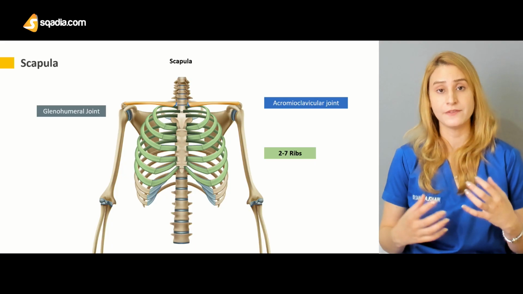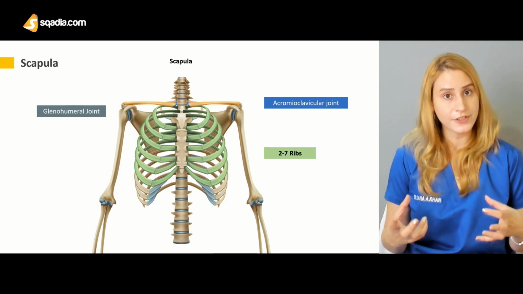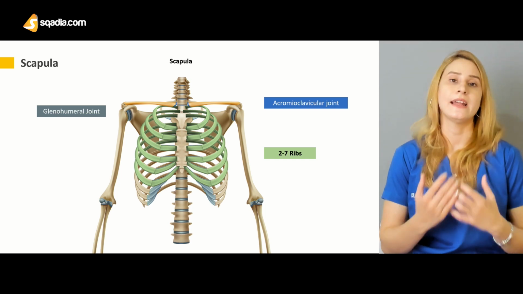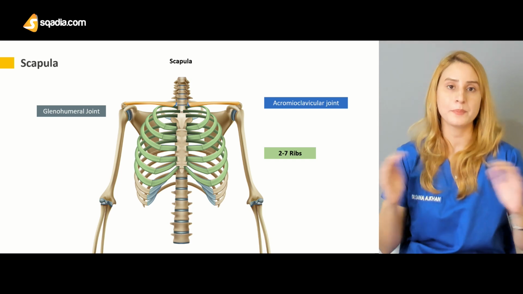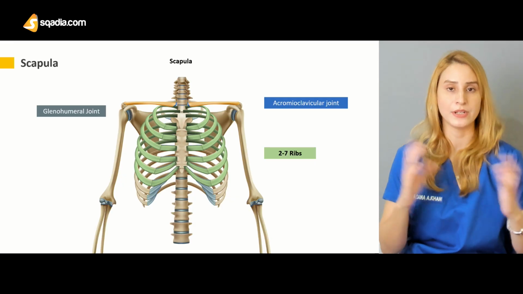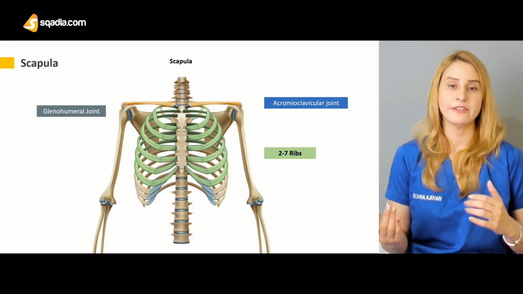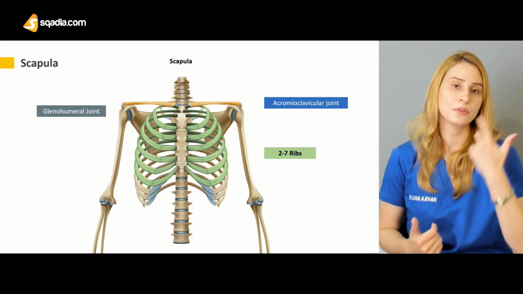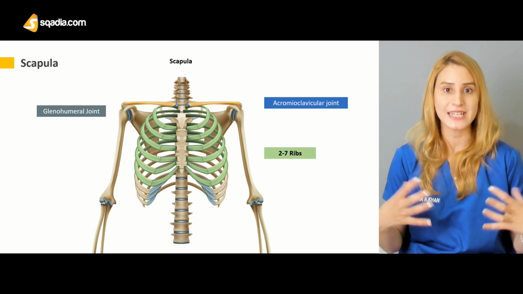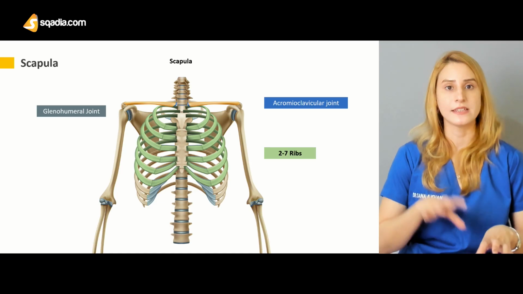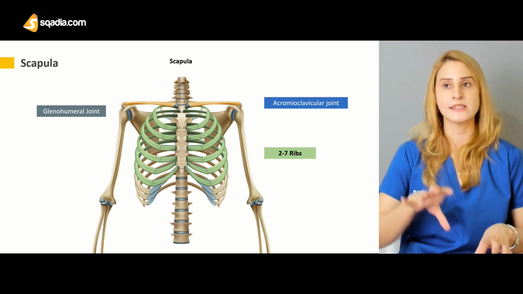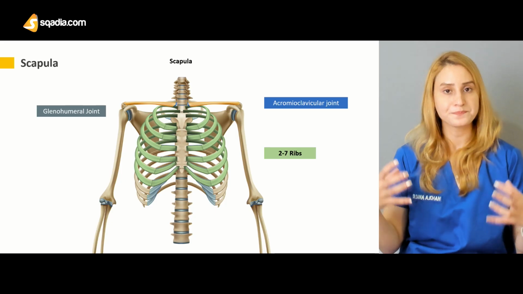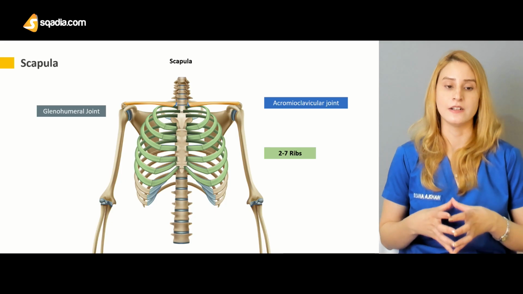And usually when you talk about the configuration, it's a cancellous, spongy bone and a compact bone, and some of the areas are thicker and some of the areas are thinner, like the spine of the scapula, the acromion, the coracoid process, they're all thick. The rest of the fossa, like the subscapular fossa and some of the parts of the supraspinous and infraspinous fossa, they are actually thinnest in structure.